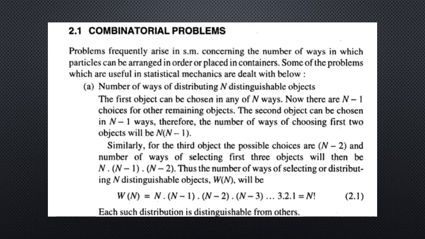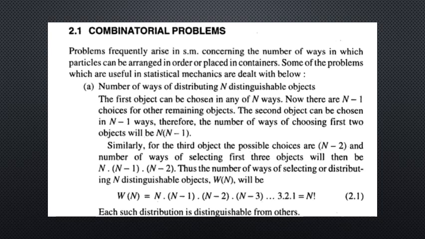This problem can be understood by taking a numerical value like 8. Suppose the first object can be chosen in any of 8 ways. Now there are 7 choices for the remaining objects. The second object can be chosen in 7 ways.